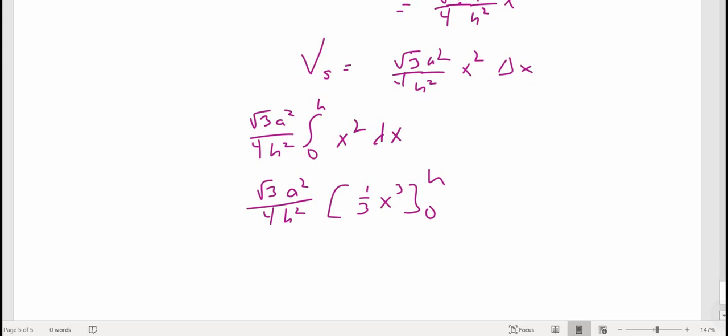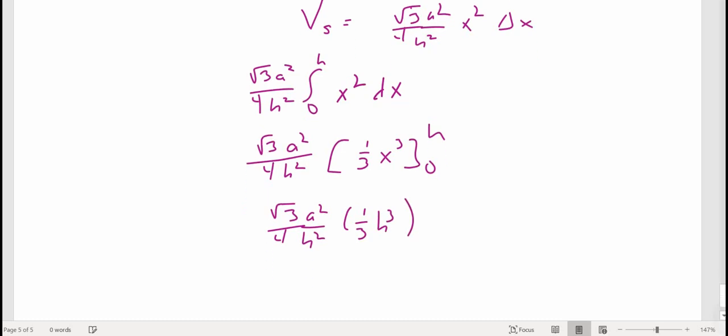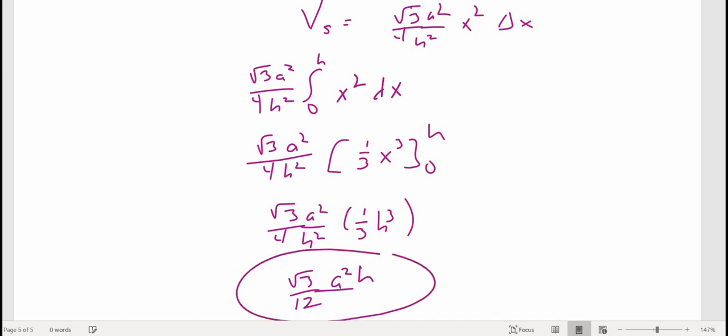If we evaluate that at 0, we get 0, so at h we're going to get square root of 3 over 4 times a squared over h squared times 1/3 h cubed. And so some of those cancel out. We get square root of 3 over 12, and we'll have the a squared and the h. And that's going to be my volume.